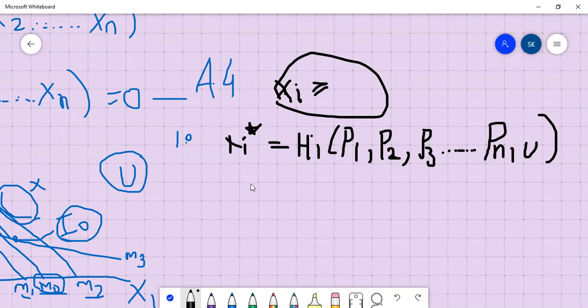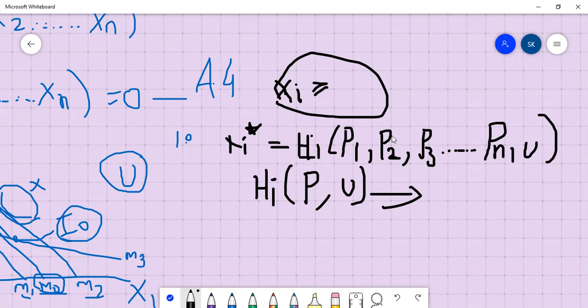To simplify it further, we get Hi of P and U. Now this Xi star is a function of prices and the utility. This H shows that it is the Hicksian demand function for Xi.